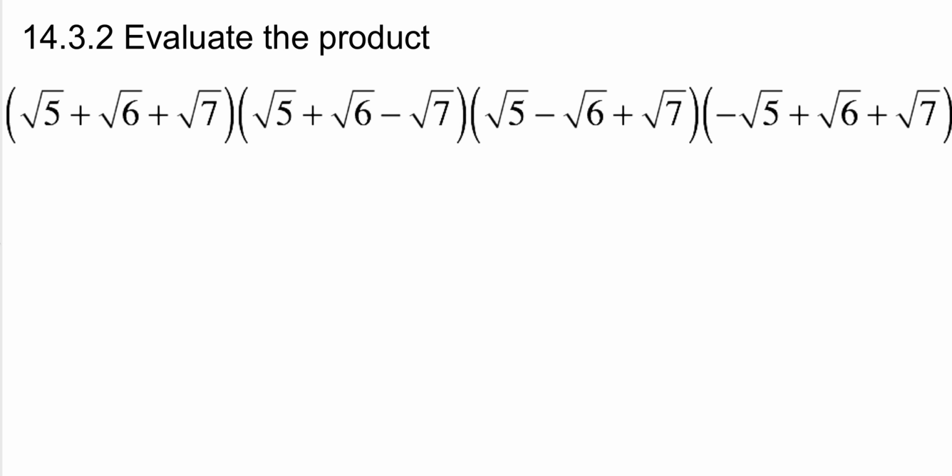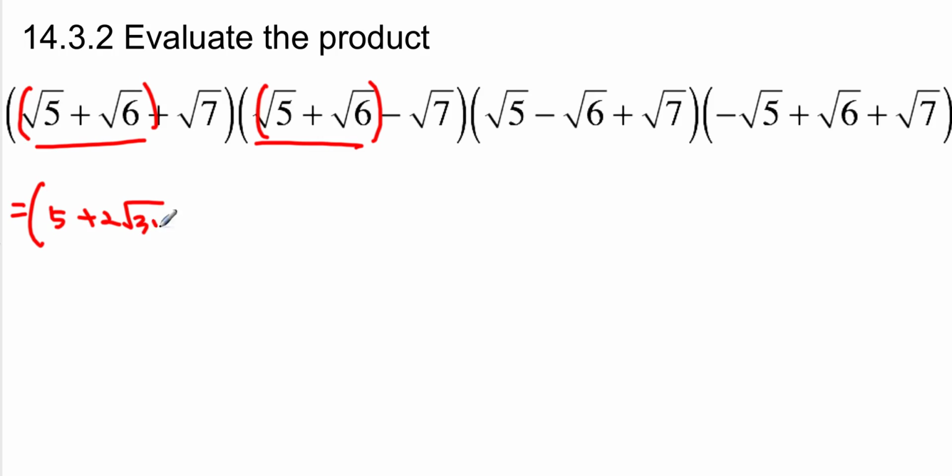Did you realize that for the first one, I can treat radical 5 plus radical 6 as one pair, and then plus radical 7 and minus radical 7. Then what will I end up getting? The first portion becomes the square of the red expression here. That means I'm getting 5 plus 2 times these two, which is radical 30, plus 6.